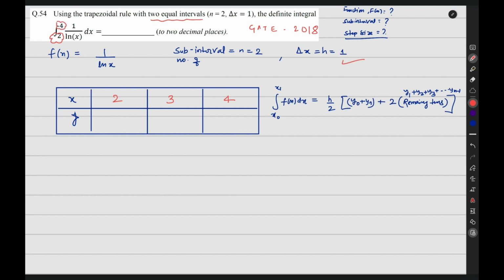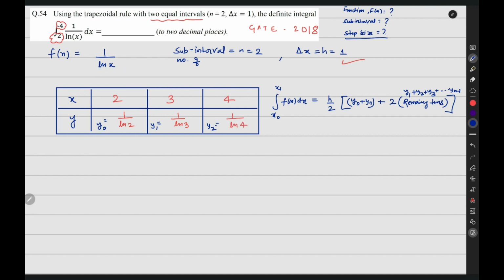Now we will write the function values y0, y1, y2. We will get y0 when we put x equals 2 in this function, so the function value is 1 by ln 2. Again, when we put x equal to 3, we will get 1 by ln 3, and similarly 1 by ln 4.